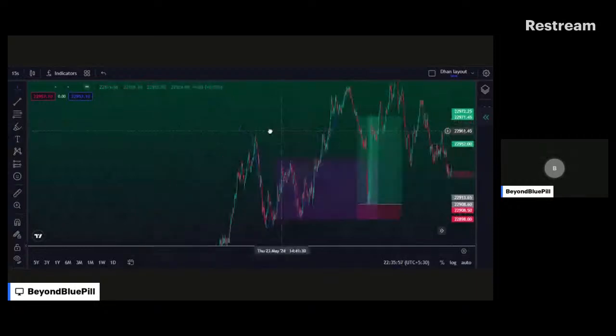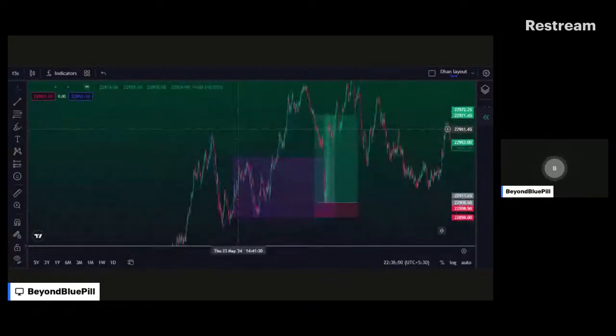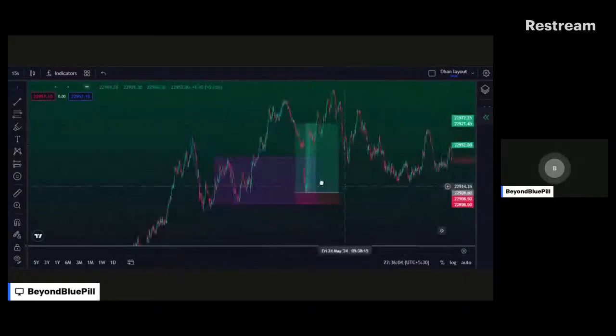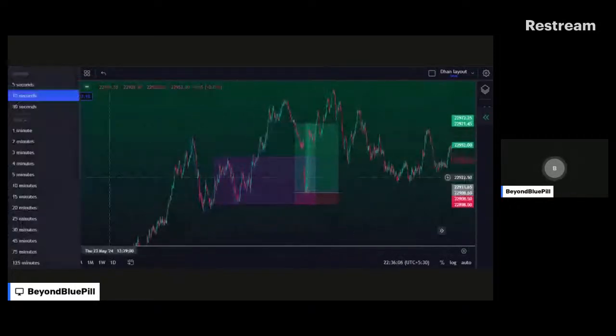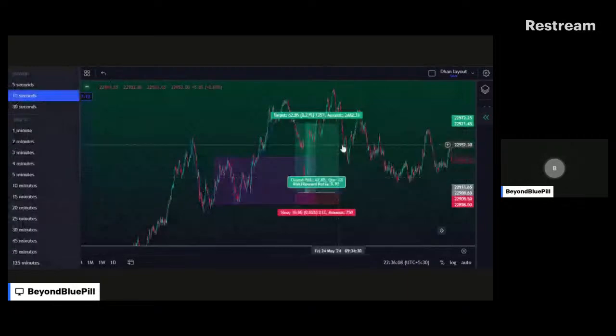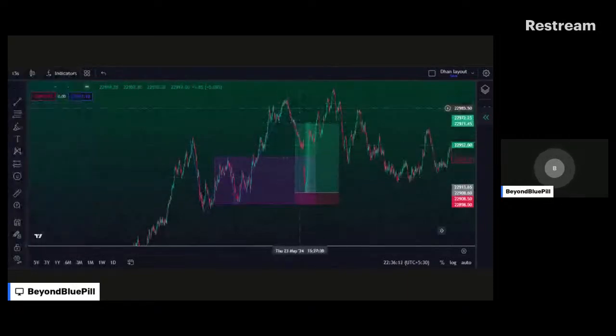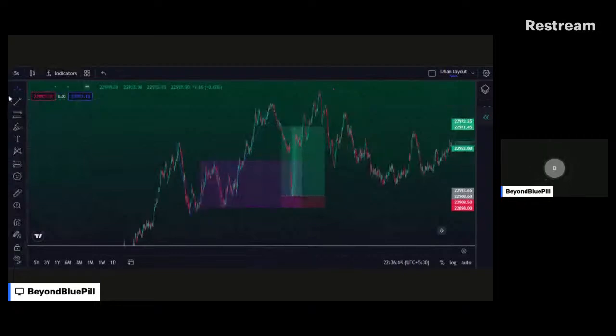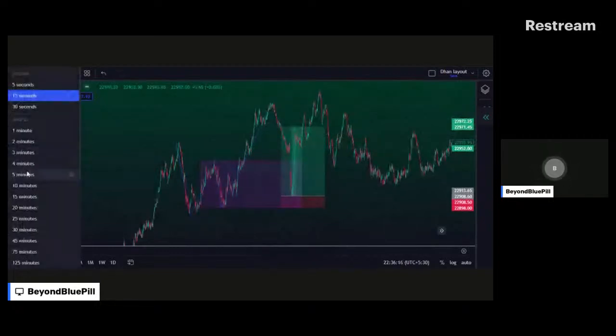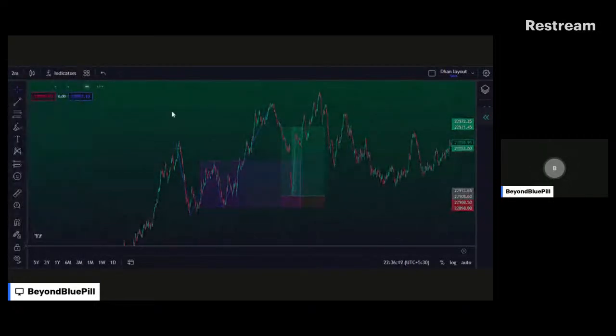But yeah, I think 2 minutes and 15 seconds would be a better guide for me. So since we get this out of the way, let's wait for it. We wait for price to get here, this zone, right? Wait, let me get back to 2 minutes. Okay.